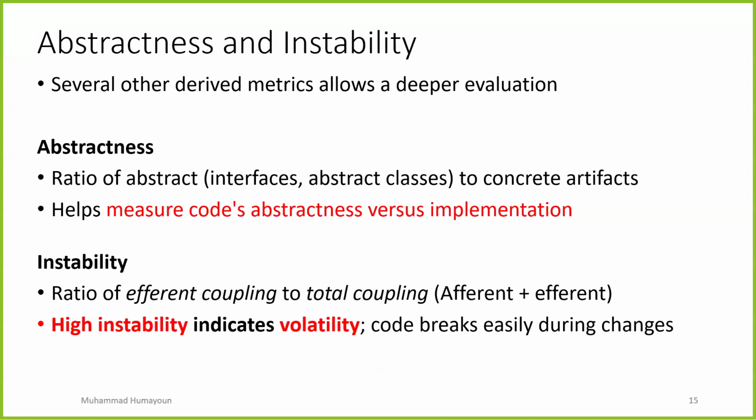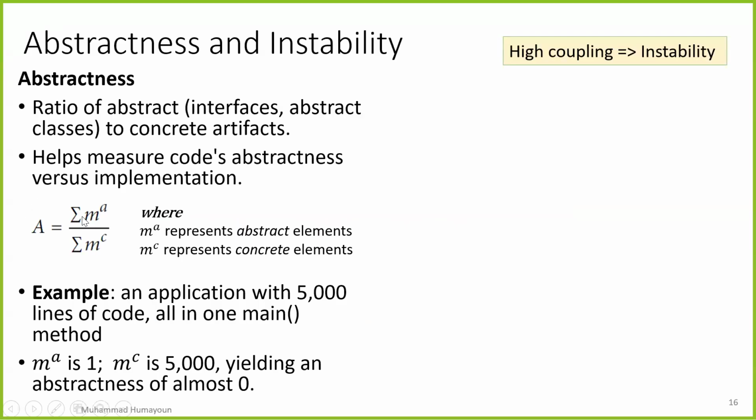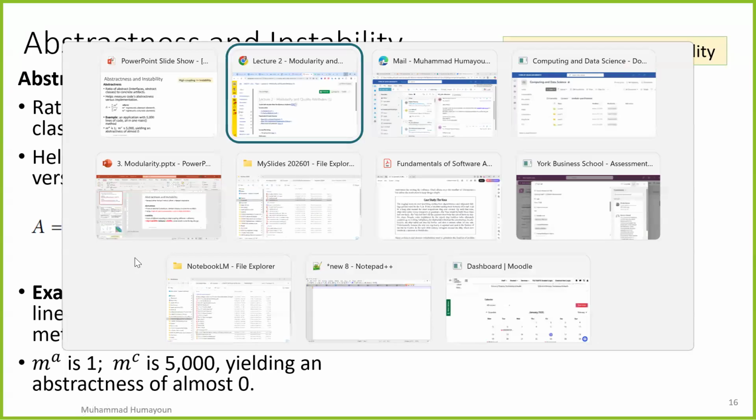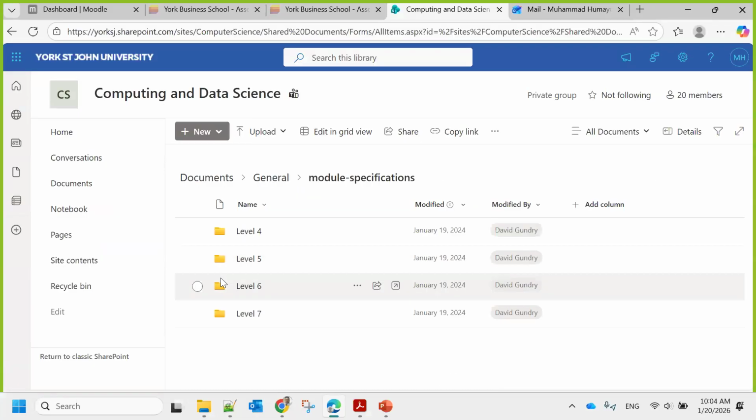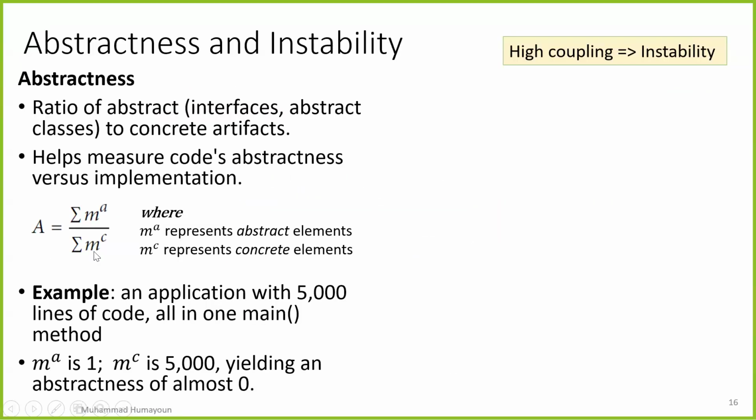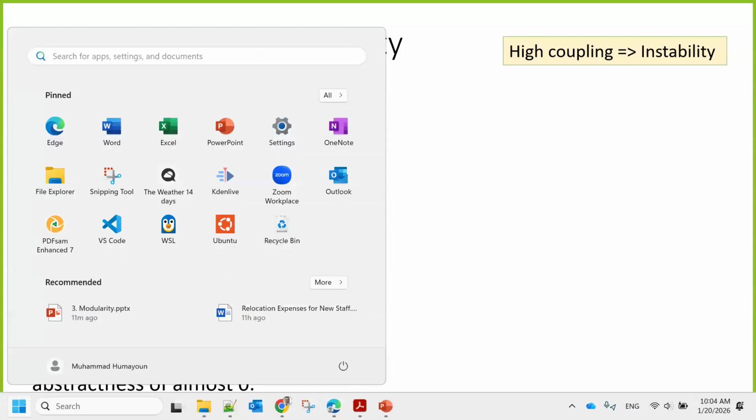So this summation sign tells you that you need to count all the abstract elements, put it above, then count all the lines of code and put it over here, divide it, and you will end up with this abstractness.